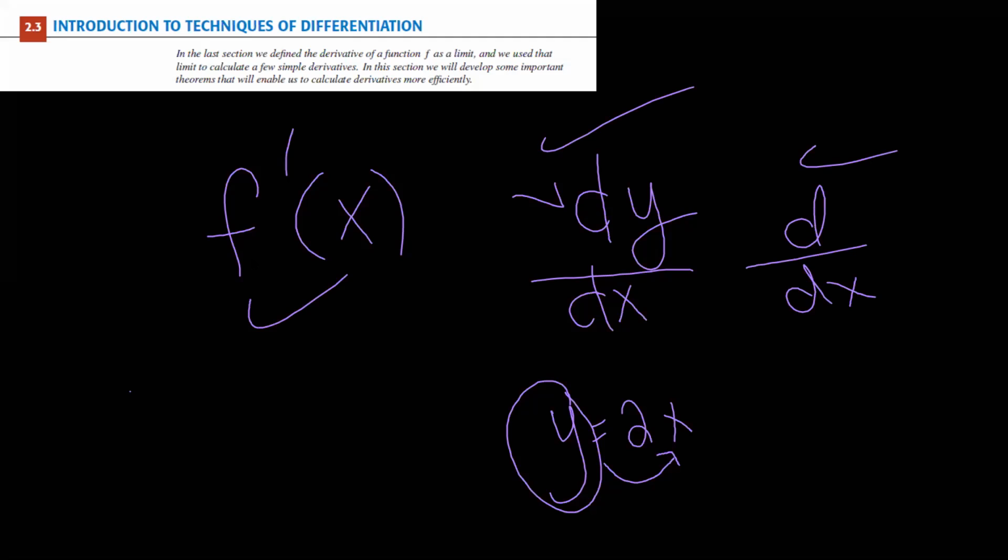Okay? Now, sometimes I have a function like f of x equal 3x squared as an example. And I want you now to find the derivative of f of x. How can I write it?